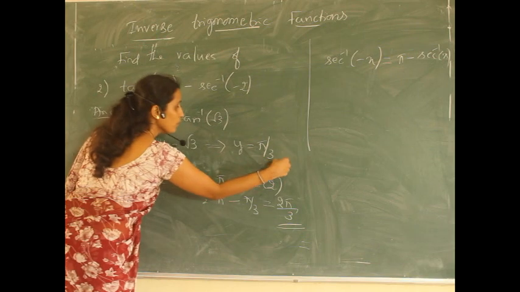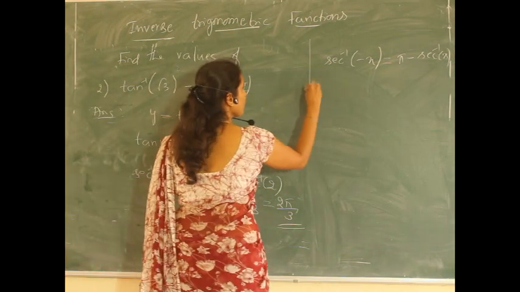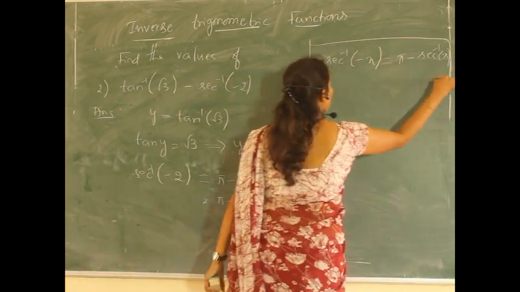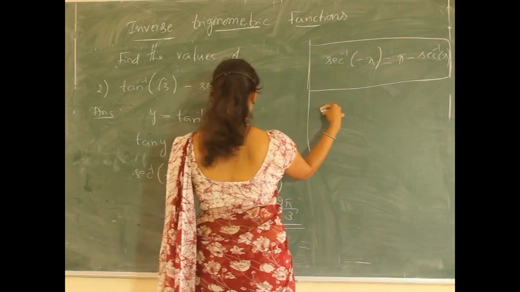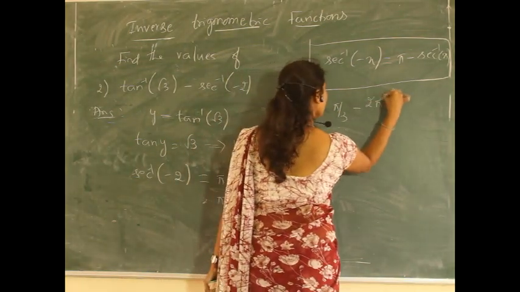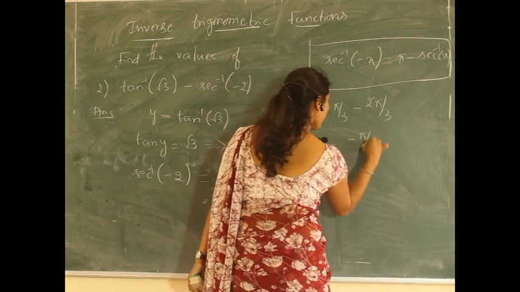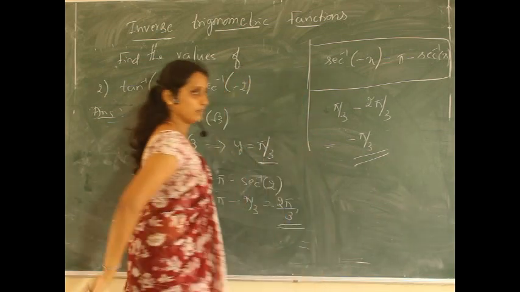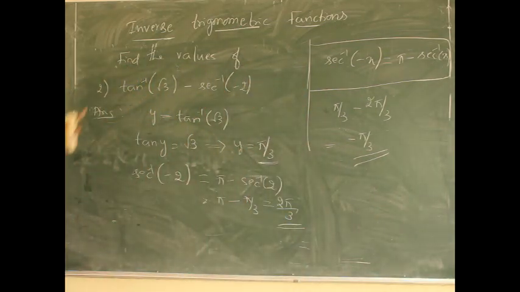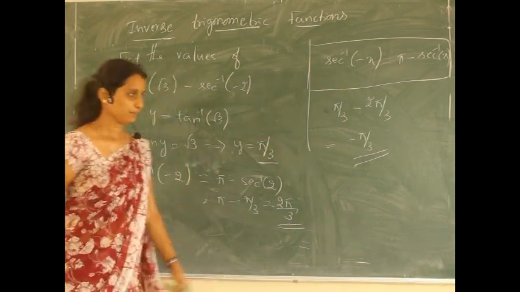So we got two values, one is pi by 3 and one is 2 pi by 3. When we substitute these values, we get pi by 3 minus 2 pi by 3, which is equal to minus pi by 3. So the value of tan inverse of root 3 minus secant inverse of minus 2 is minus pi by 3.